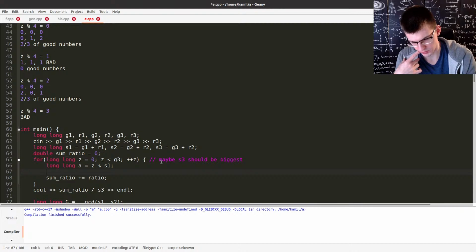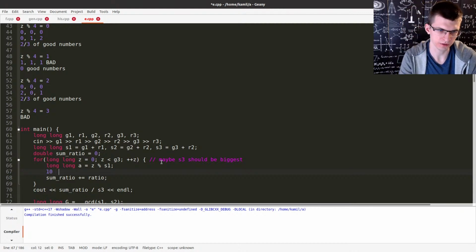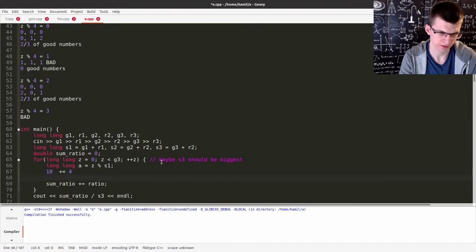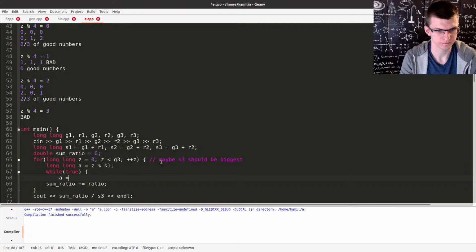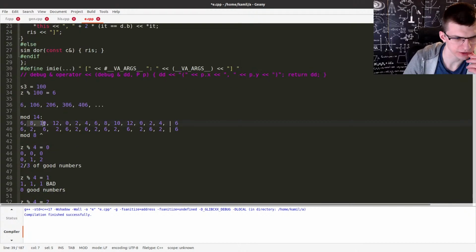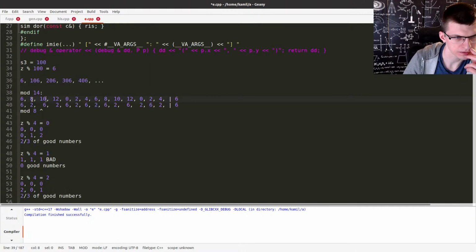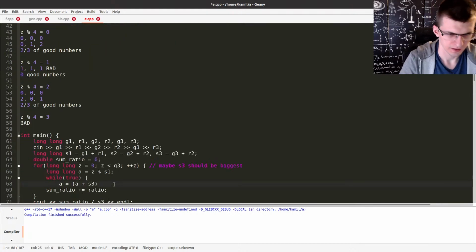Right, so how to do it? If we add like modulo 10, if we add 4, that's a cycle of 5. Maybe first the brute force. S1 plus S3, right? Because here I added 100 every time, 100 being S3. Yes. Modulo S1.